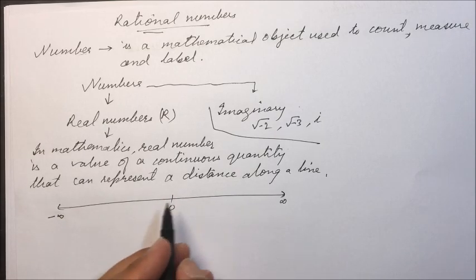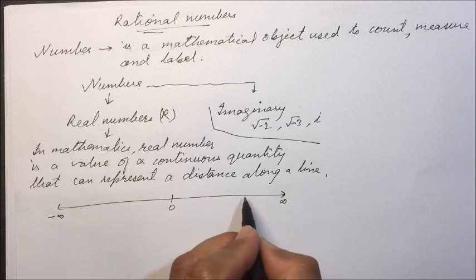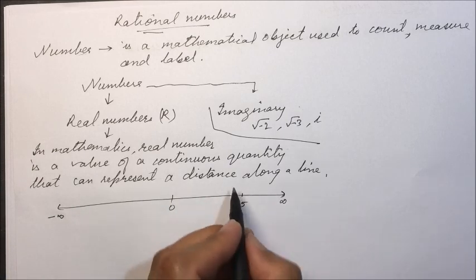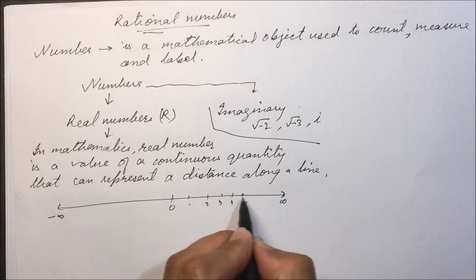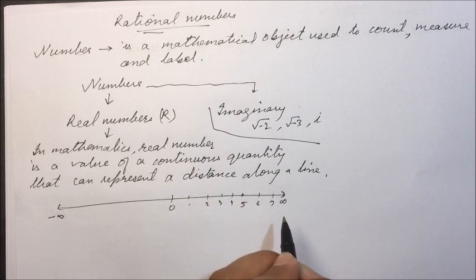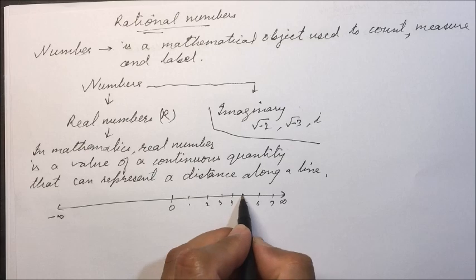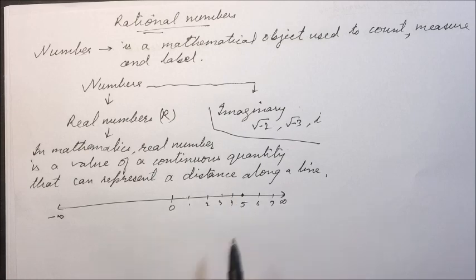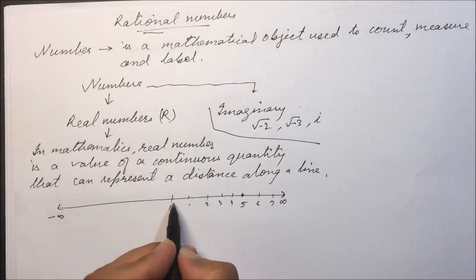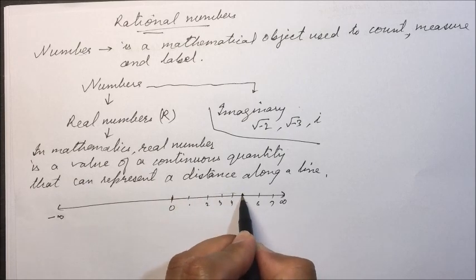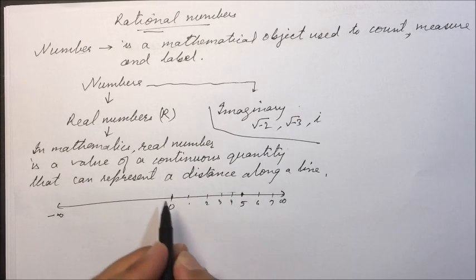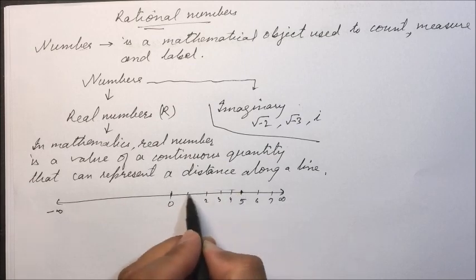So for example, if we take the number 5: 1, 2, 3, 4, 5, 6, 7. This is how numbers are represented, and we are taking 5. So it will be a continuous quantity from 0 to 5. This is the quantity of 5, and we can represent this distance along the line.